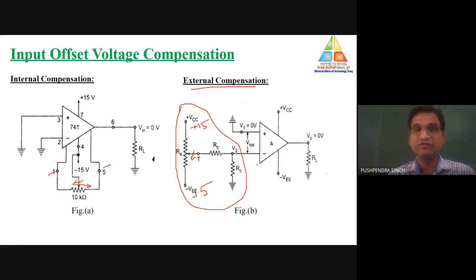That depends on whether the positive terminal voltage is higher or the negative terminal voltage is higher. If this V1 voltage is higher than this V2 voltage, V1 being connected to the positive supply, then the output will be at positive saturation. But if this V2 voltage is higher than V1, then the output will be at negative saturation voltage.